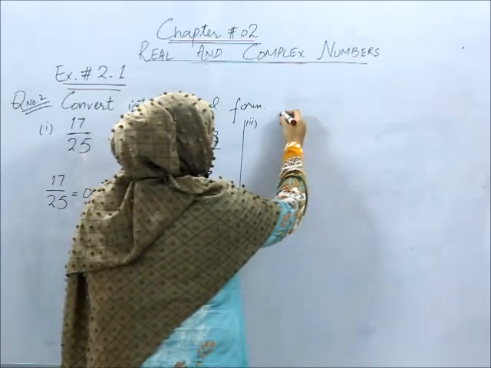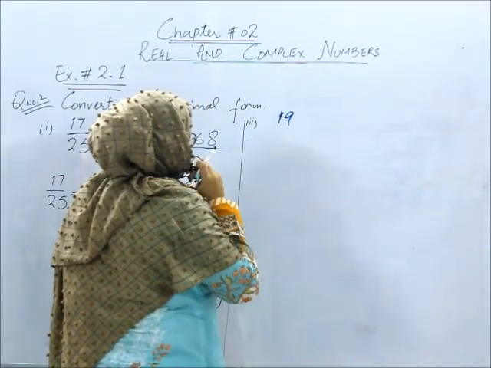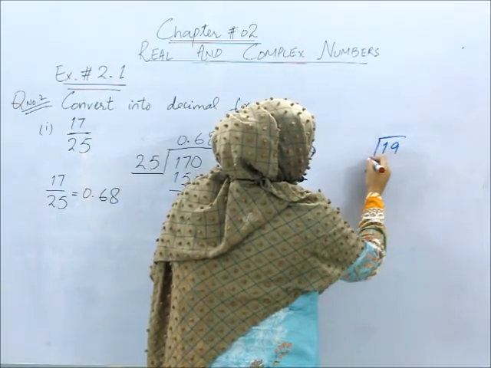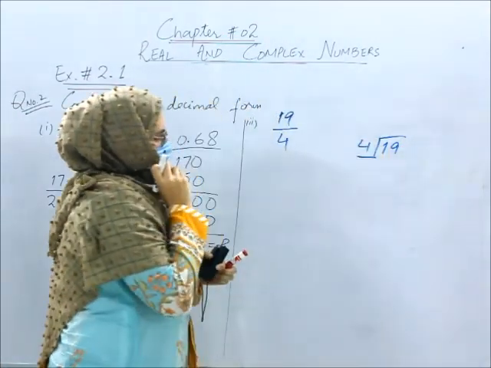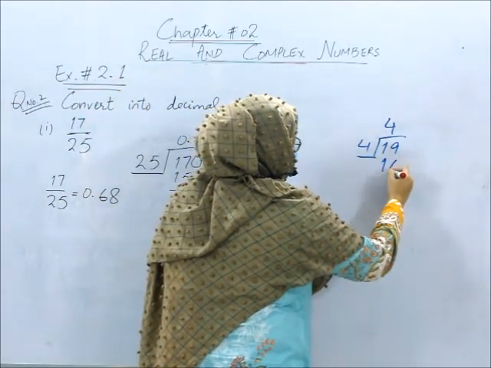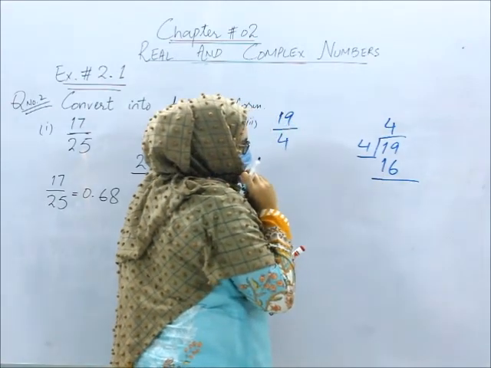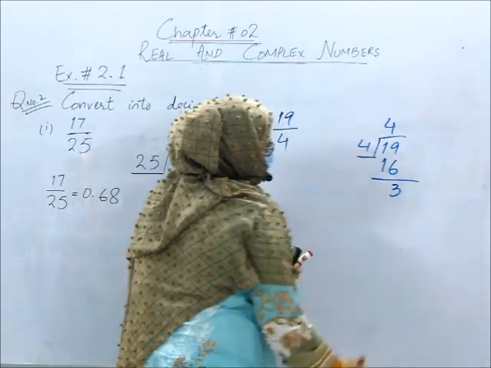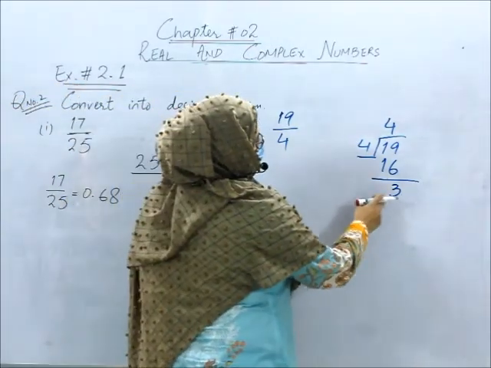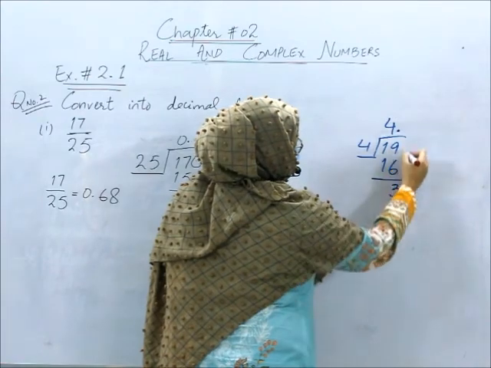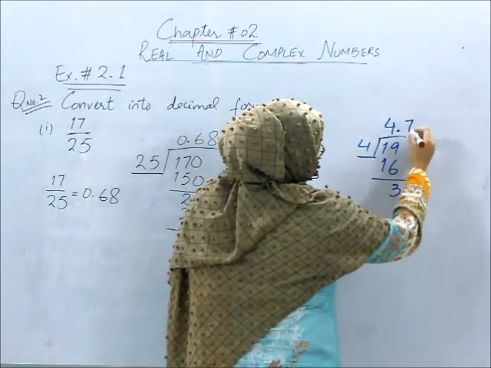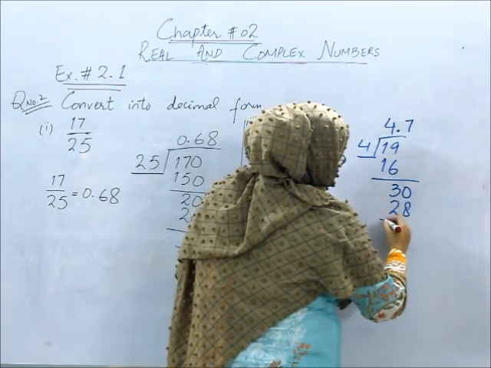So second part is 19 by 4. Here, our dividend is 19, and our divisor is 4. So 4 into 4 is 16, and here our remainder would be 3. Now can we divide 3 by 4? Definitely not. 3 is less than 4, so we will introduce a decimal point and then a 0. So 4 into 7 will give you 28.